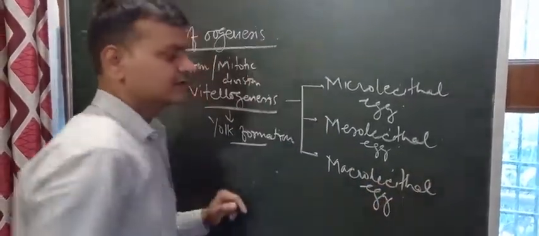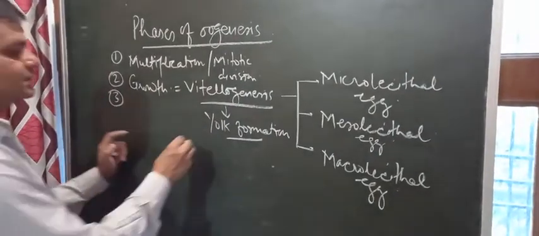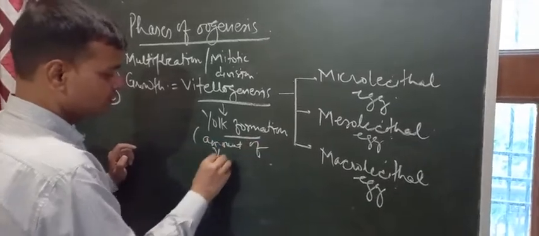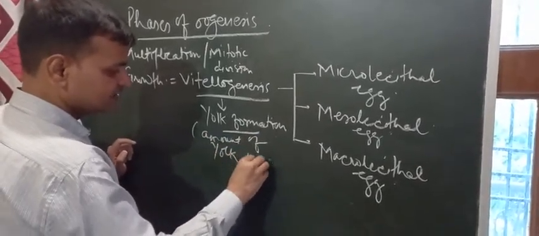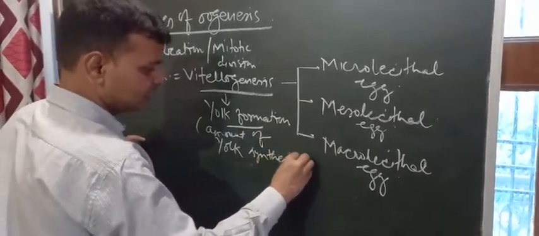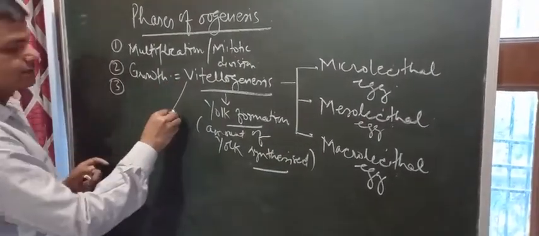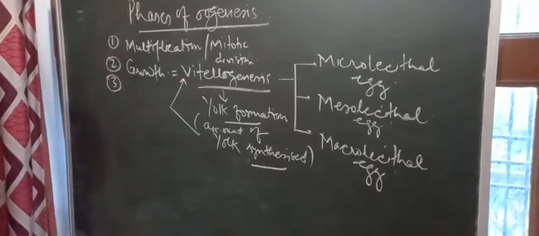These are the different types of eggs being formed on the basis of the amount of yolk which is synthesized. And the process of yolk synthesis is called vitellogenesis.